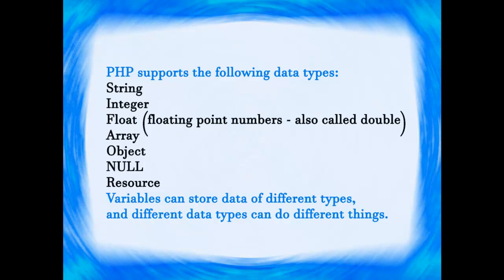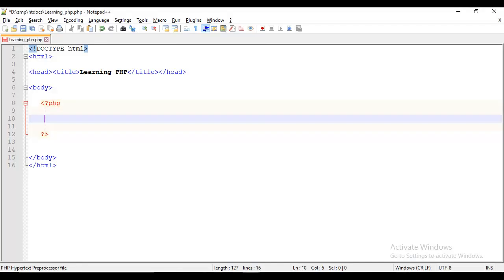I will write my code in the existing PHP tags. So let's try to add data. First of all I will make a variable $name and I will assign the value Azim to it.